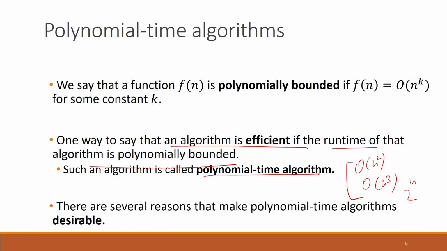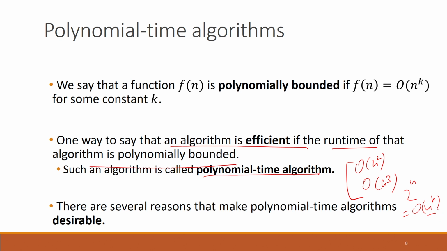So, then this function 2 to the power n, you cannot express it as some O(n^k), where k is a constant here. That is, this exponential function cannot be upper bounded by any polynomial function. Okay.